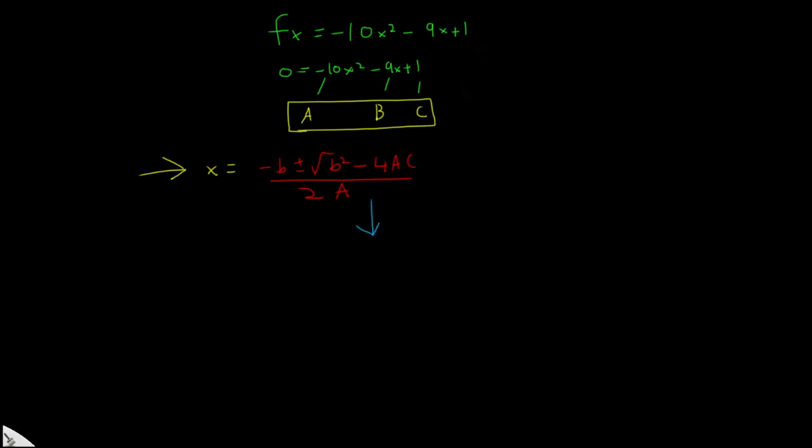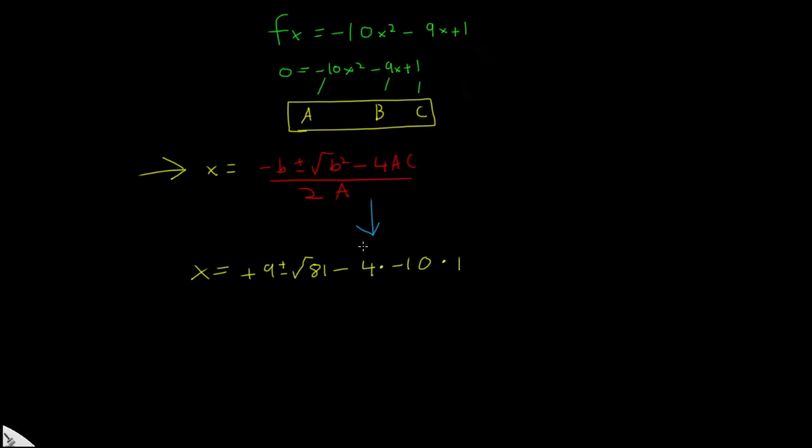So we can start this off again with x is equal to negative, and we saw that b was negative 9, so it will just be plus 9, and then you have to add the plus or minus sign in front, plus or minus square root of 9 to the power of 2, which is 81, minus 4 times negative 10, since negative 10 is a, times 1, because that's c.